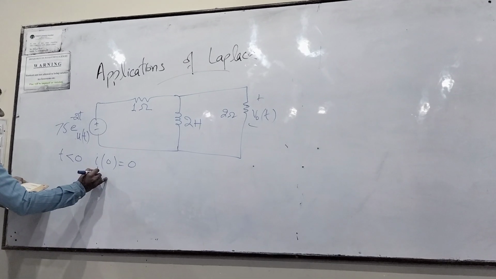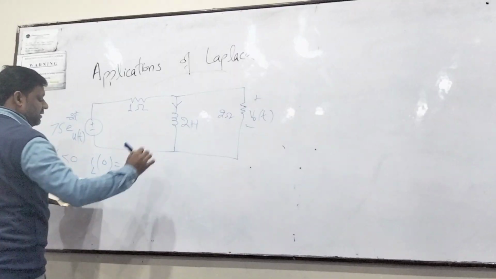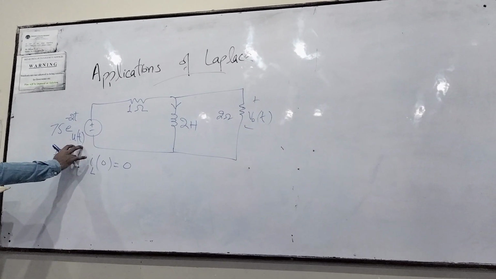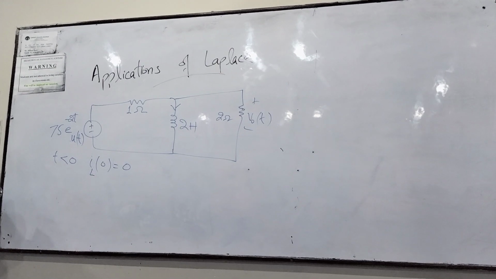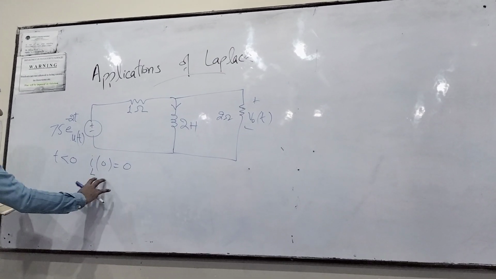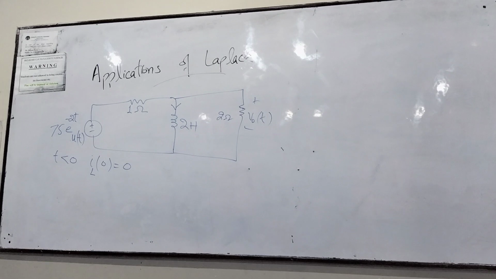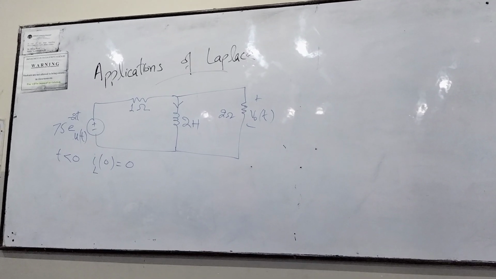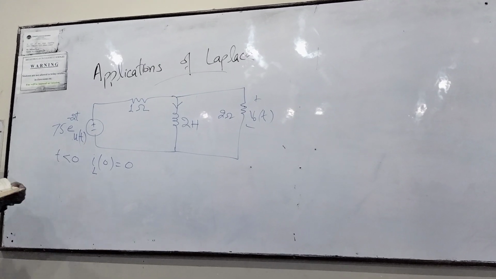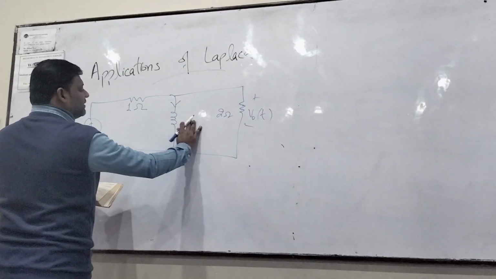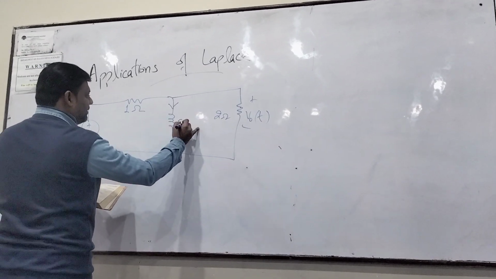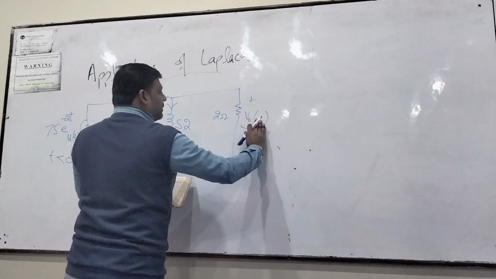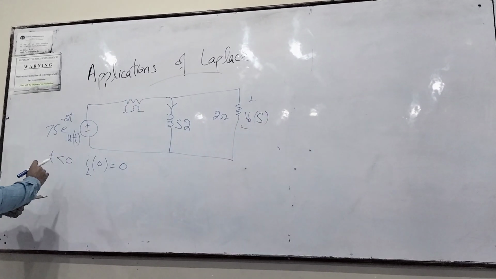The current flowing in the inductor before time t equals 0, the initial condition, is 0. So just like practice problem 16.1, we will have to plug in SL there. That's our transformation.